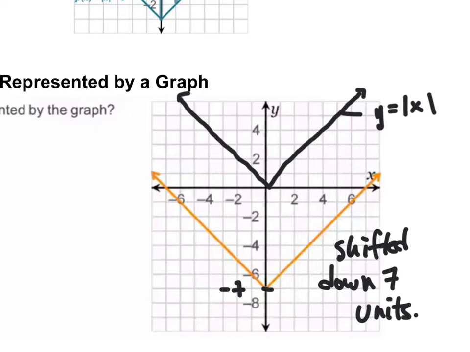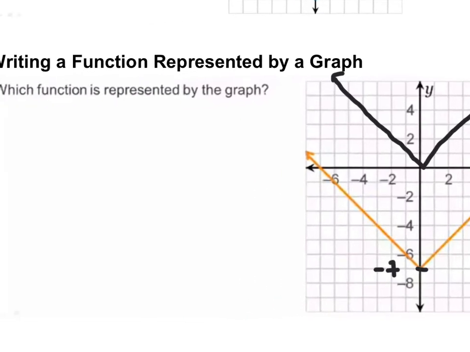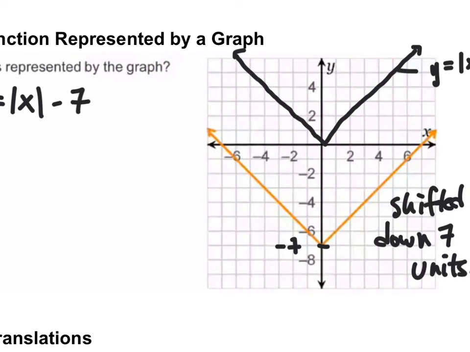And you can write it as f of x equals the absolute value of x minus 7. That's it.